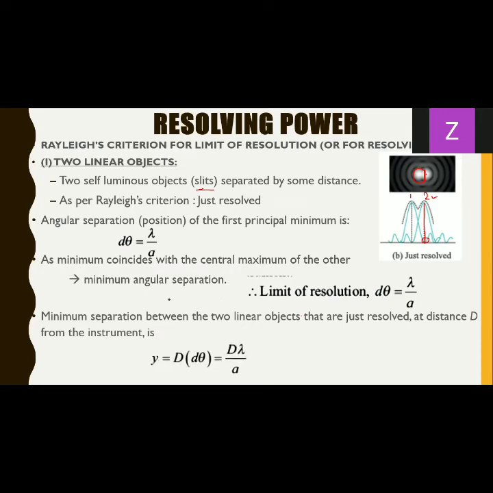Once again, this is the minimum separation when the objects are very close to the optical instrument. But what if they are kept at a certain distance d? We have to consider the d as well. So the limit of resolution will be d into d theta. But what is d theta? Lambda by a. So that is why we get d lambda upon a. Clear? And this is the distance of the first minimum from the center.